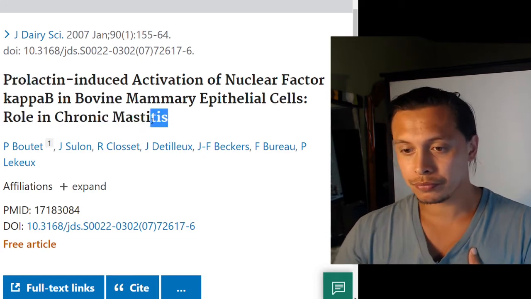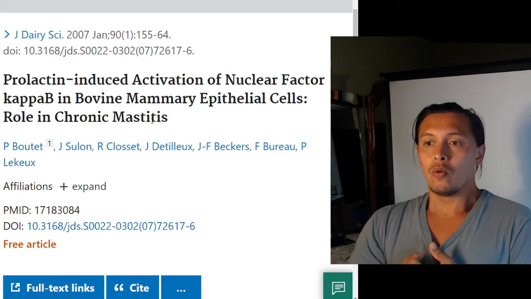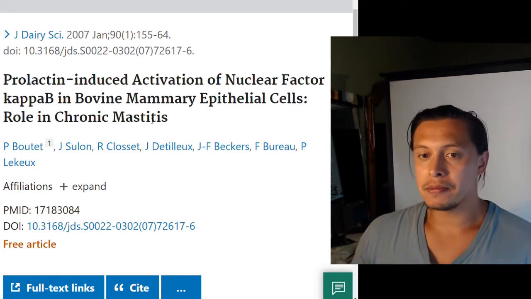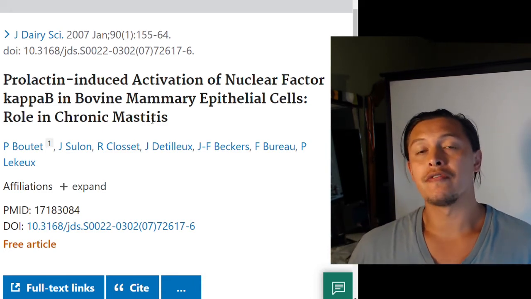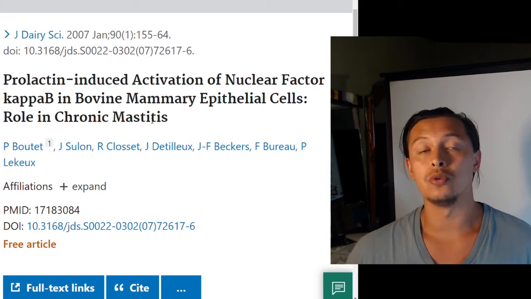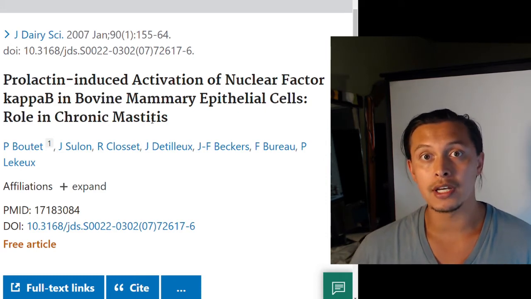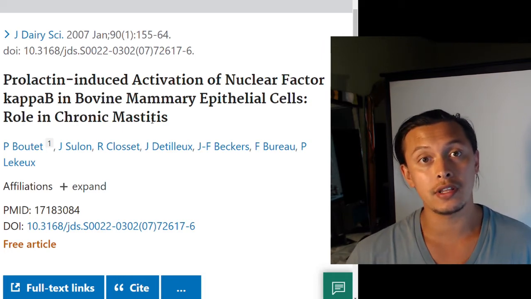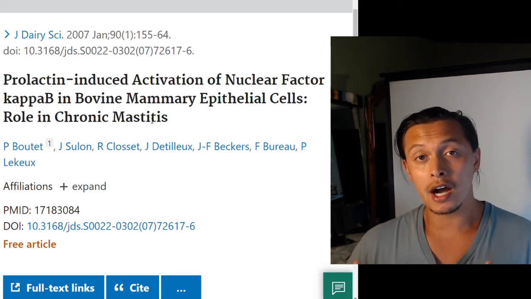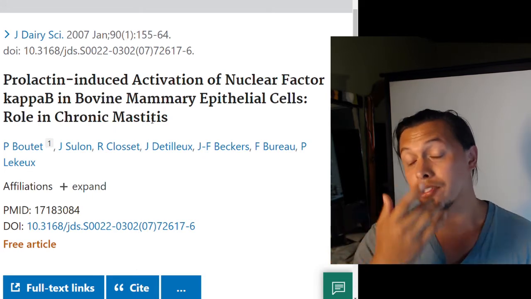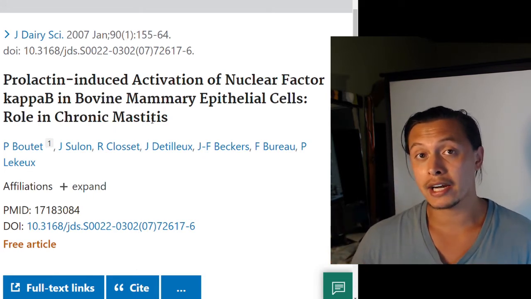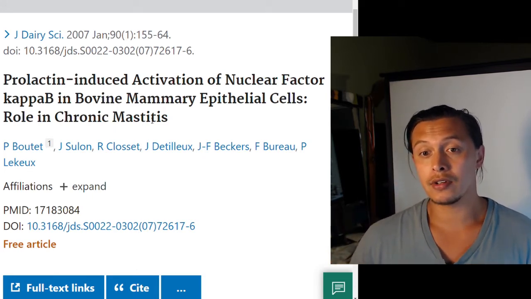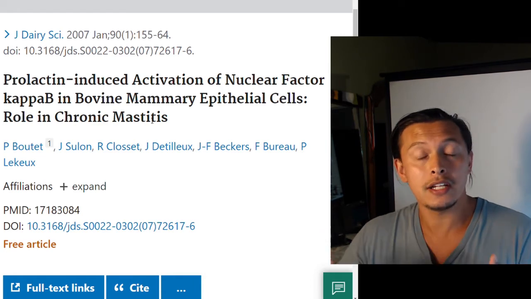So the reason why I want to go over this is because I want to bring attention to the fact that prolactin is able to influence immunity, and particularly prolactin is able to increase the pro-inflammatory state when prolactin is in high concentrations. In fact, the prolactin receptor is very similar in structure to a cytokine receptor.